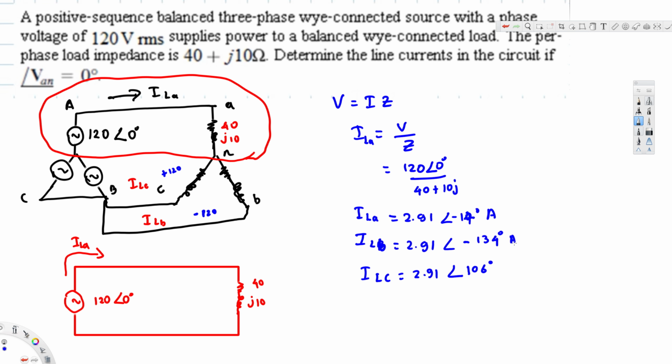So these are our line currents. This is the final answer for this question.